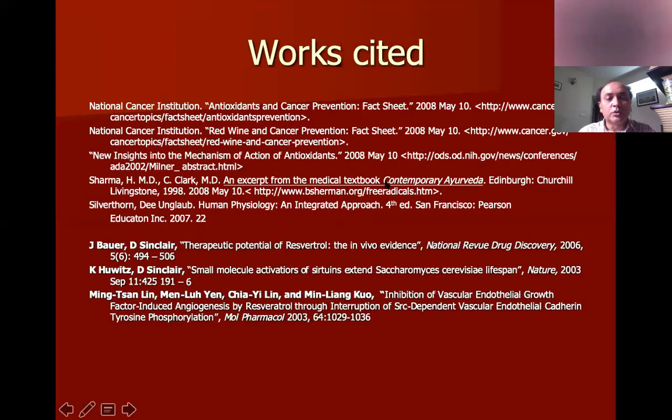There is a lot of literature available on resveratrol. If you browse Google or the internet, you can find these sources. So please go through resveratrol in detail. If you browse literature, even Wikipedia and many other sources, you can find a lot of literature on resveratrol.